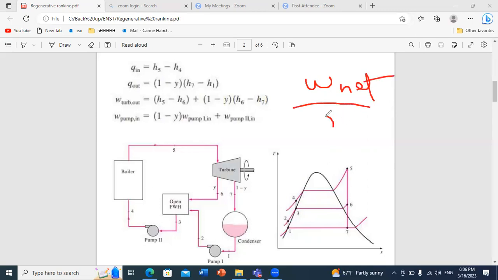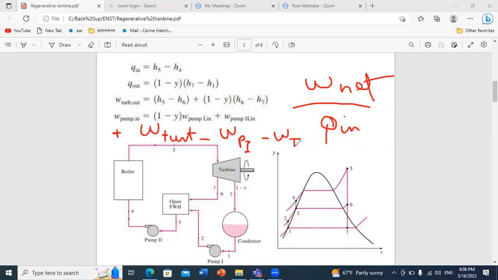Here, because we have several pumps, in order to calculate W net, we should take plus W turbine minus W pumps. Because we have two pumps here, we should take the summation, so it's minus W pump 1 minus W pump 2.